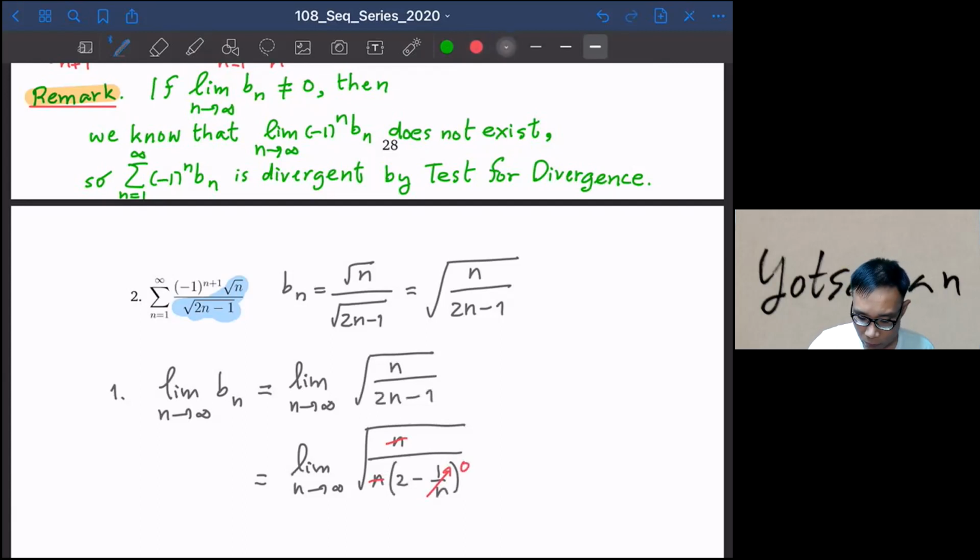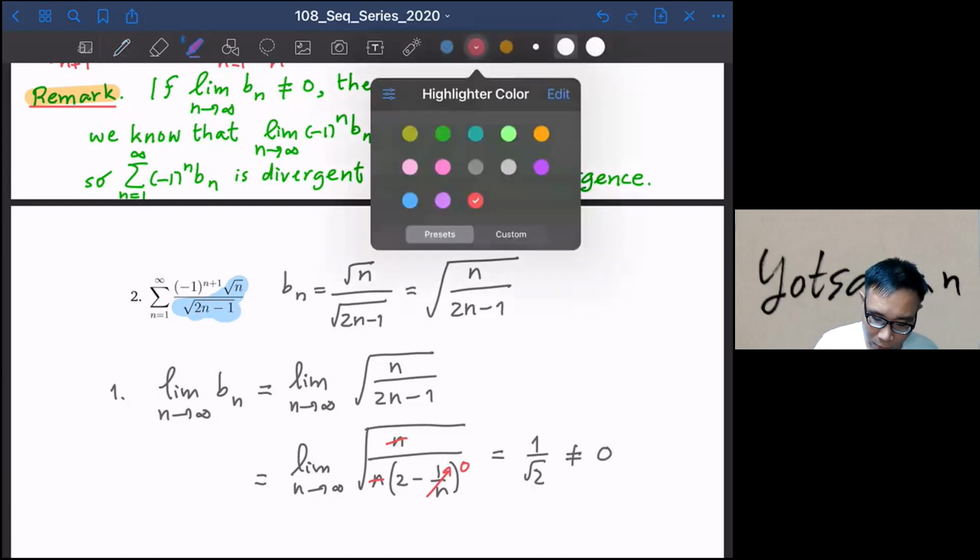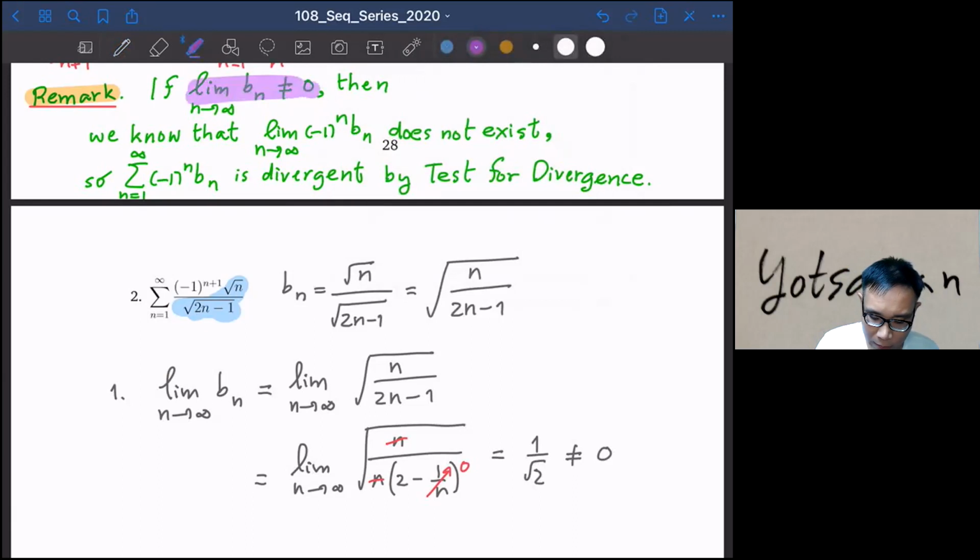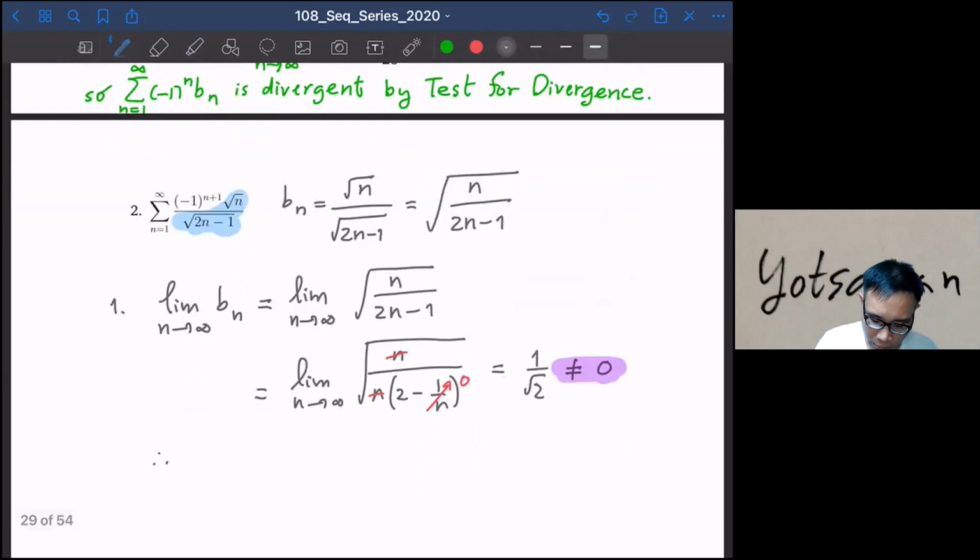So this will be 1 over root 2, and it turns out not equal to 0. When you have the limit not equal to 0, like I remarked earlier, it turns out to be divergent. So your series is divergent by the test for divergence.